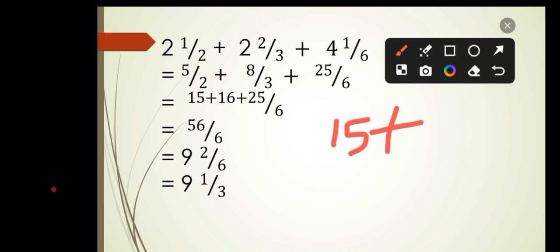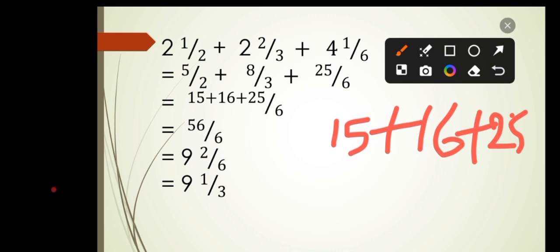Since we are doing addition, we just introduce this addition sign. This denominator 3 into this LCM 6, we have what? 2. 2 times 8, the numerator, will give us 16. This denominator 6 into this 6, the LCM, will give you 1. So 1 times this numerator 25 will give us 25.